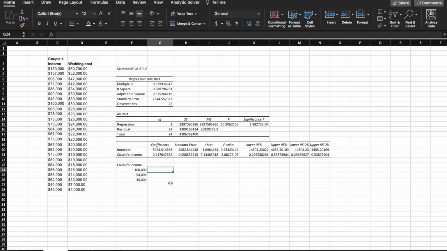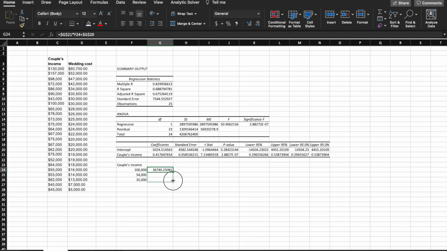And the way we're going to do our predictions is equals to the slope or the coefficient for couple's income times the couple's income that we're trying to predict plus the intercept. And because I'm going to drag this down for each one of the couple's incomes, I'm going to lock in this one and the intercept.